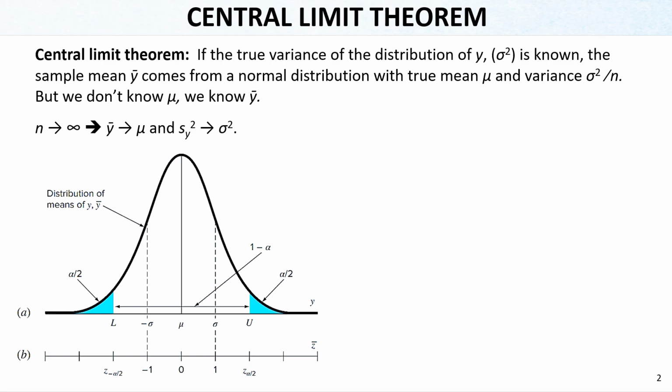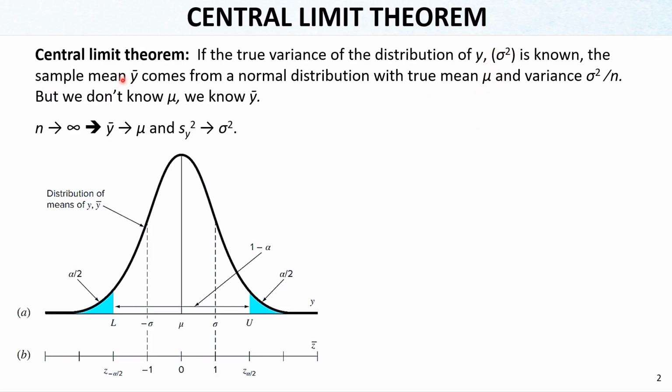If the true variance of the distribution of y, which is the data, and the variance is sigma square, if this true variance, not the estimated variance, is known, the sample mean comes from a normal distribution with a true mean. So we have a true mean and a standard deviation or variance, which is true as well.